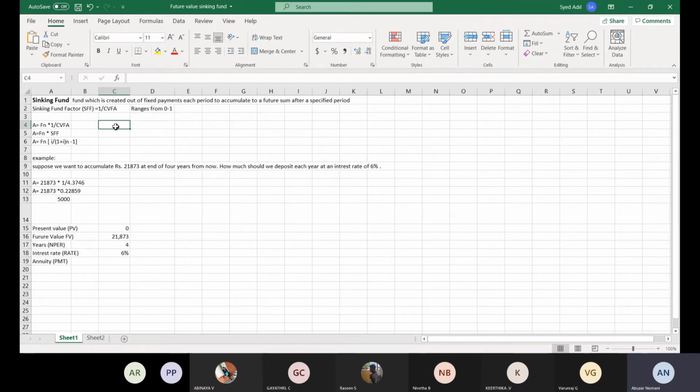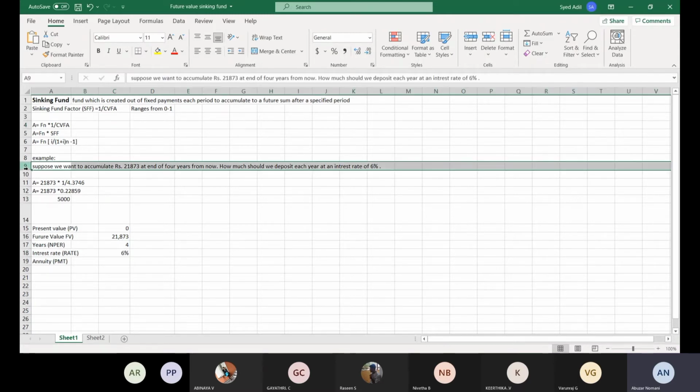So how can we take the calculations? Suppose we take the example where we want to accumulate 21,873. If we want to accumulate this amount at the end of 4 years from now, how much should we deposit each year at an interest rate of 6%?